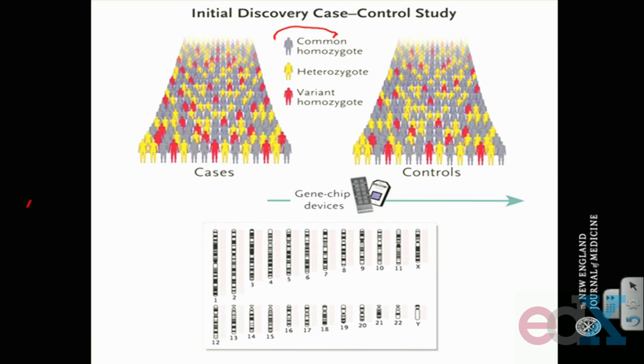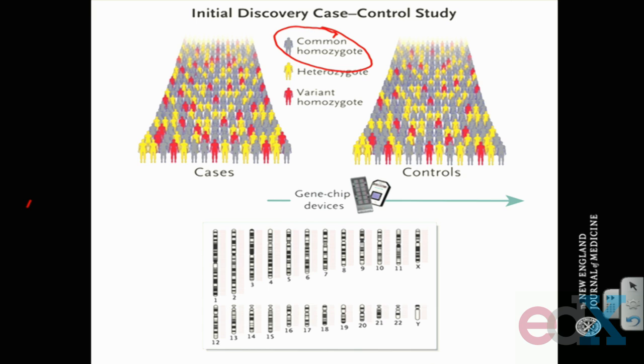And since we have two possibilities at each point, we can be a so-called common homozygote. So homozygote means that the variant is the same. And if we're common homozygote, that means that we have the variant inherited from our mother, inherited from our father, that most people in a particular population have at that point in the genome.